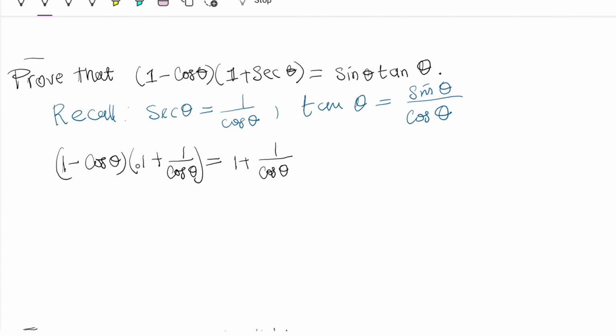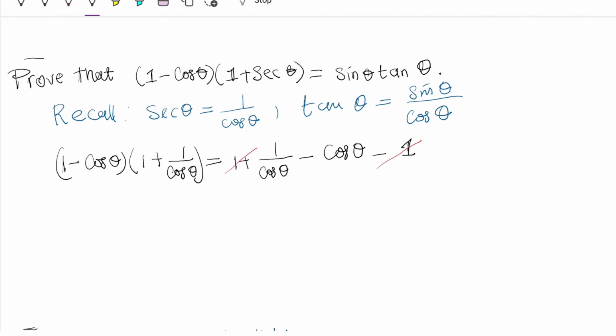Then I have negative cos theta multiplied by 1. This is negative cos theta. Then negative cos theta multiplied by 1 over cos theta. That is a cancellation because that is a reciprocal. I have negative 1. Okay. Now this is plus 1. This is negative 1. So they cancel.